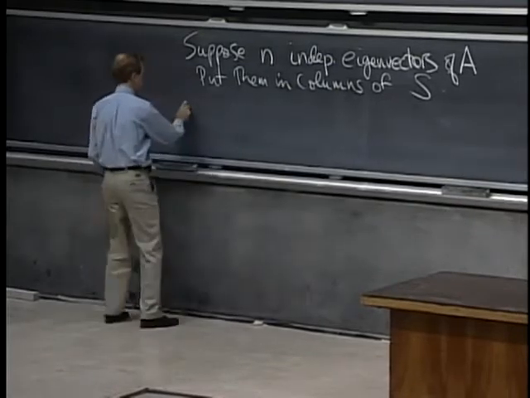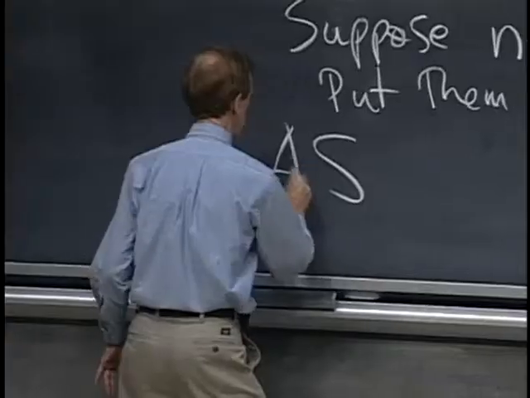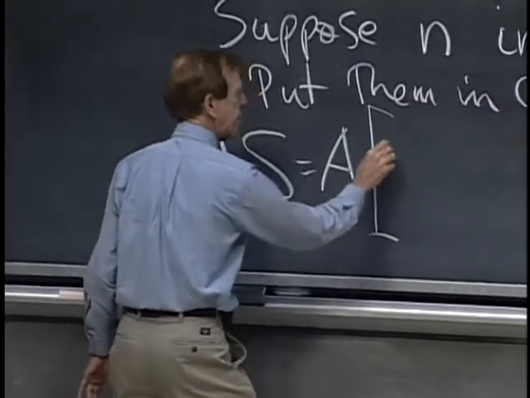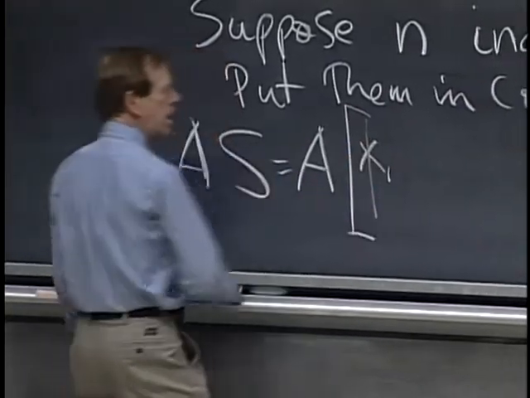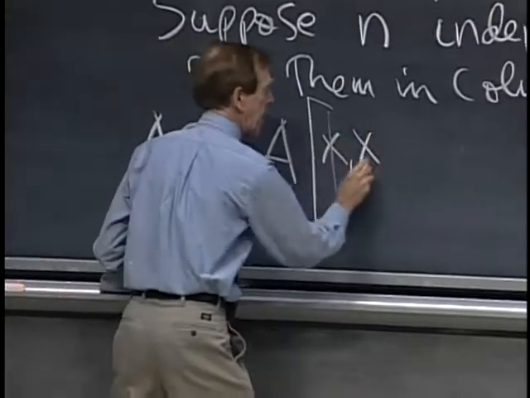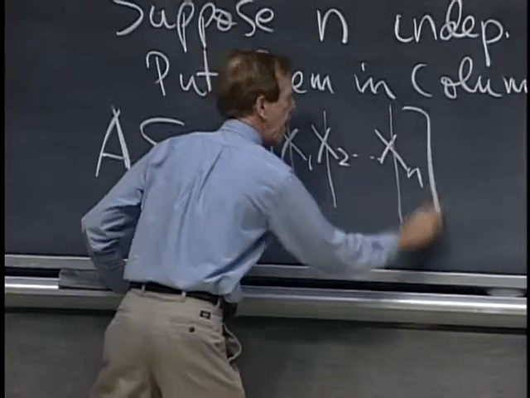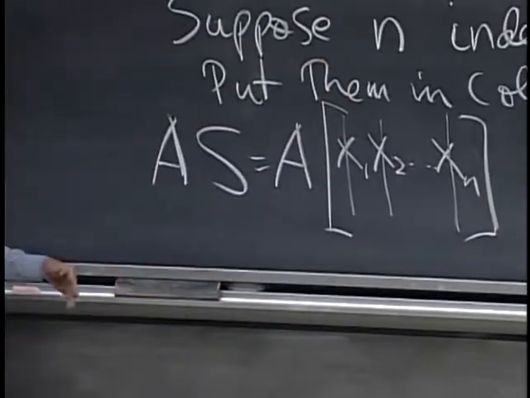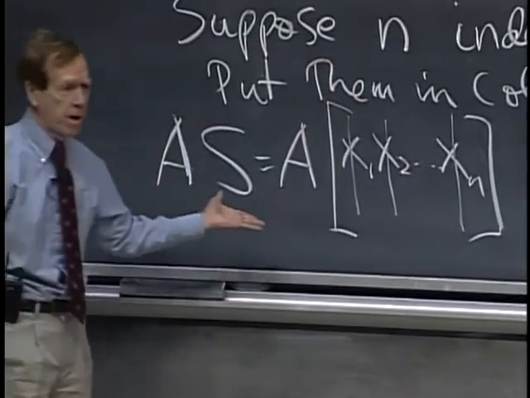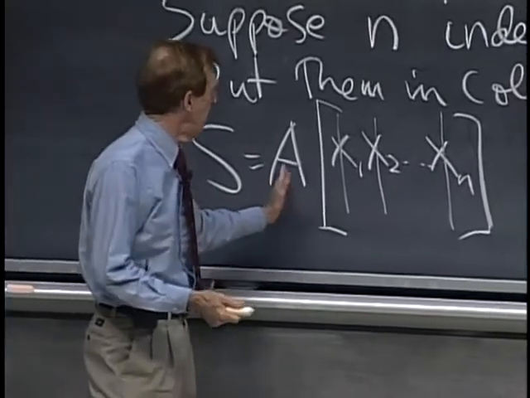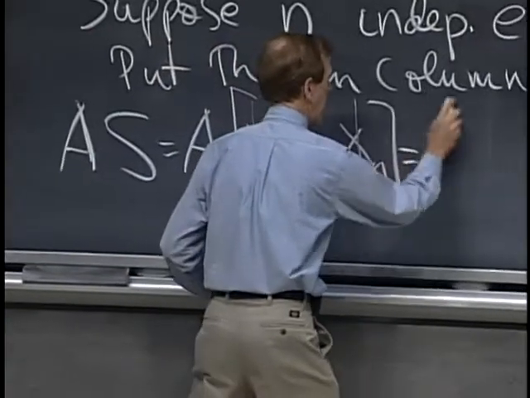So A times S. This is A times the matrix with the first eigenvector in its first column, the second eigenvector in its second column, the nth eigenvector in its nth column. And how am I going to do this matrix multiplication? Well, certainly I'll do it a column at a time. And what do I get?